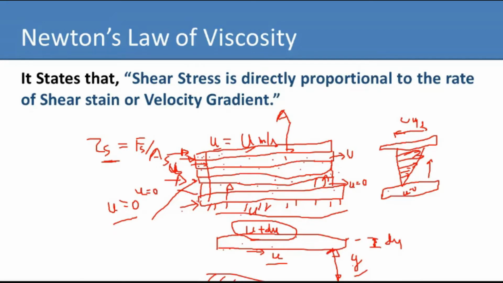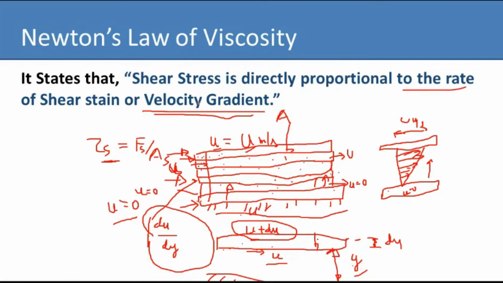So for this distance dy there is a change in velocity du. This ratio of change in velocity per unit change in distance is called the velocity gradient, or the rate of shear strain.